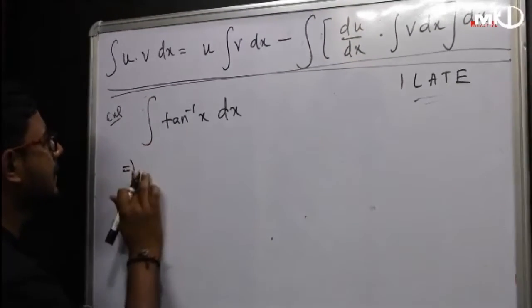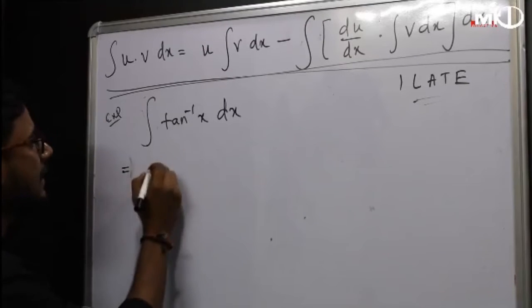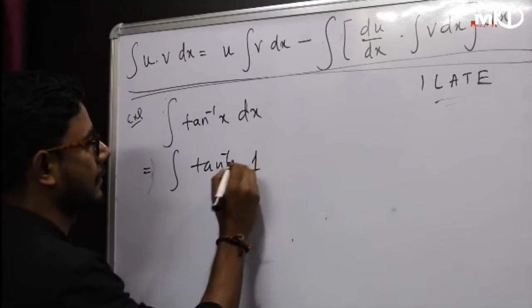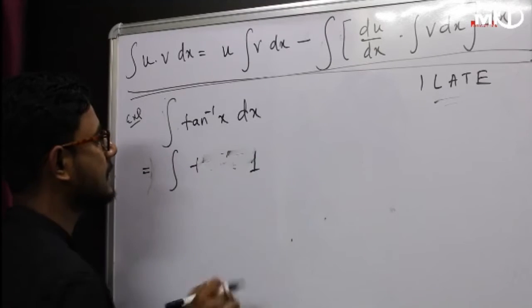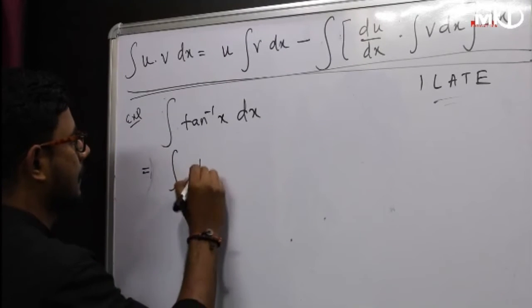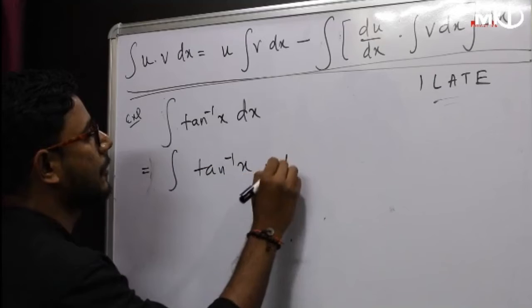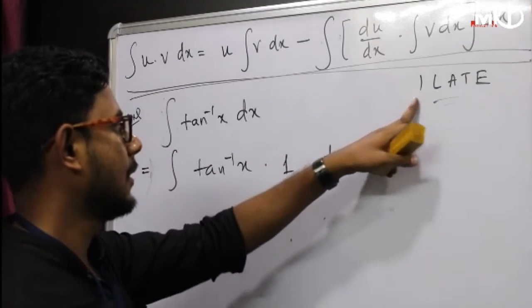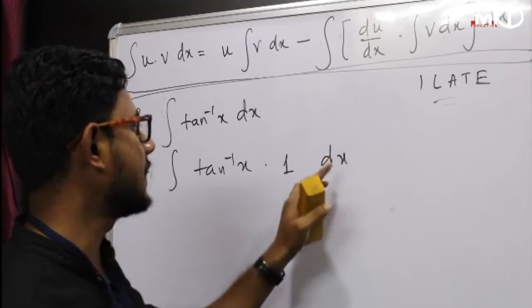So we can write tan inverse x as tan inverse x into 1. Yes or no? And then by using Euler rule, tan inverse is the inverse trigonometric function and 1 is the algebraic function.